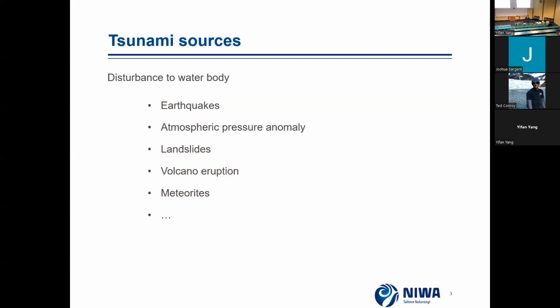And also the rare one, meteorites, can also cause tsunami. And the tsunami wavelength can be very large, from several kilometers to several hundred kilometers. The period ranges from several minutes to more than 30 minutes.